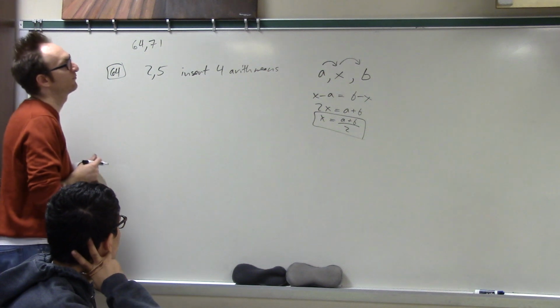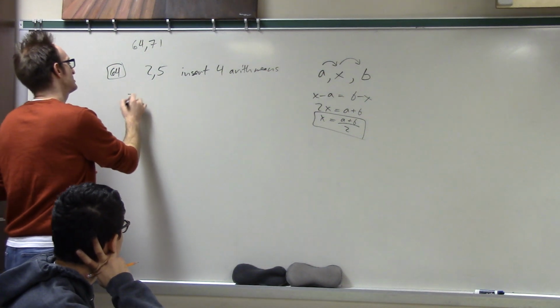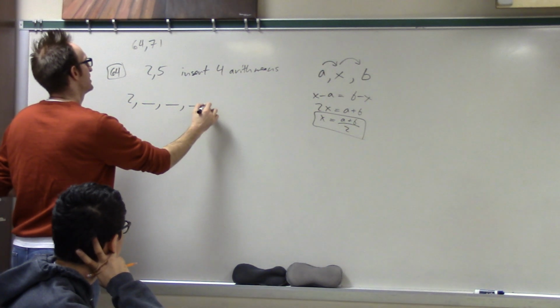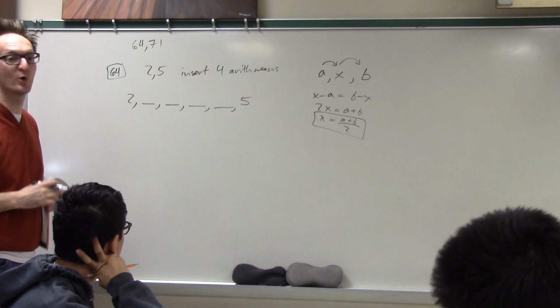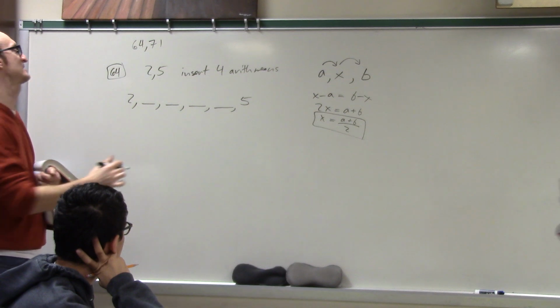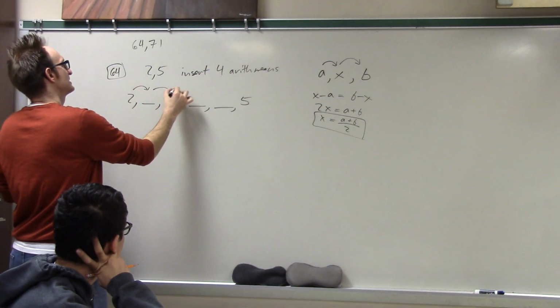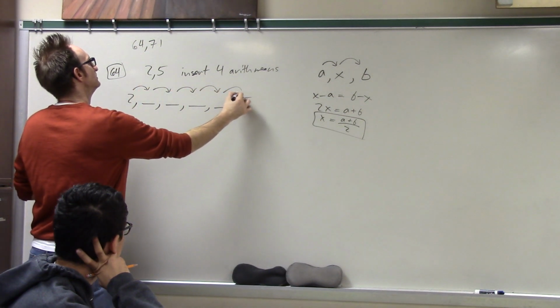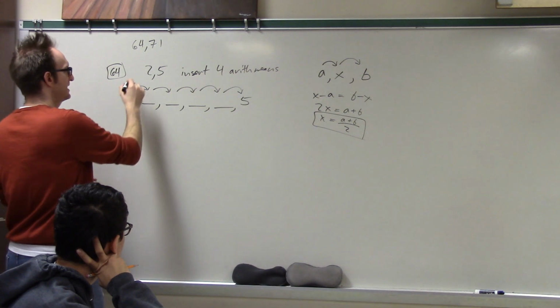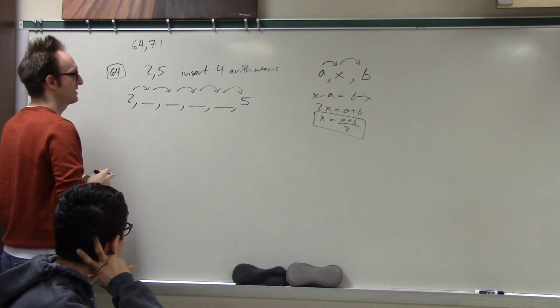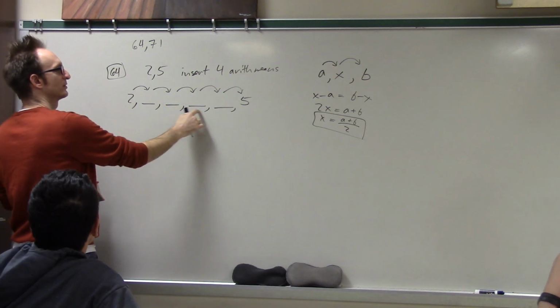If they want to insert 4 arithmetic means, that's the task: find 4 numbers in between 2 and 5 such that the whole thing is an arithmetic sequence. So how many times have I added d to get from 2 to 5? 5 times: 1, 2, 3, 4, 5.